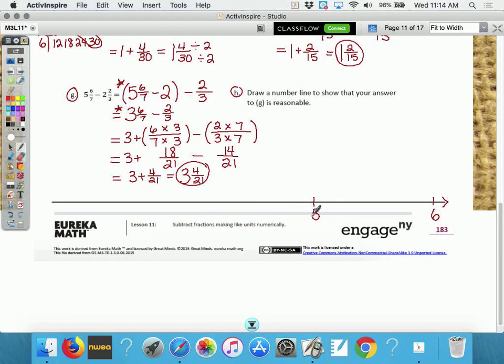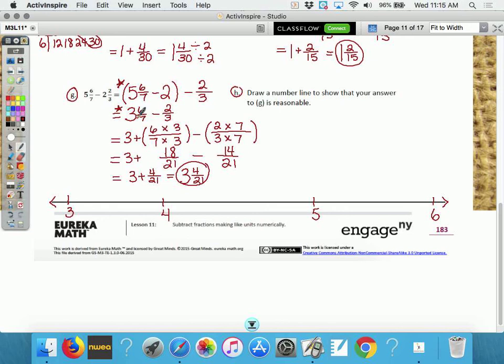Now look at the second star. What do you think my smallest whole number needs to be? 3. You could put 2 just to be safe, but I already know it's 3 because I've done this one before. 6/7 is almost 4, isn't it?